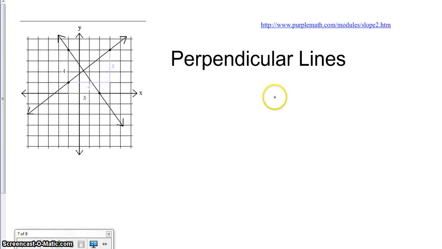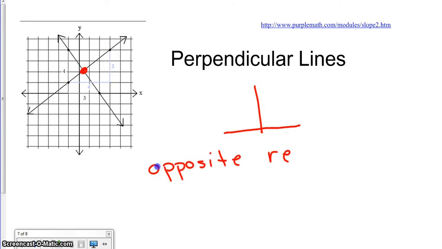Perpendicular lines. Perpendicular lines meet at a 90-degree intersection. They will be coplanar because they have to intersect, okay? The symbol for perpendicular lines, of course, is like this. And the other thing that you need to remember is that the slopes are opposite reciprocals.